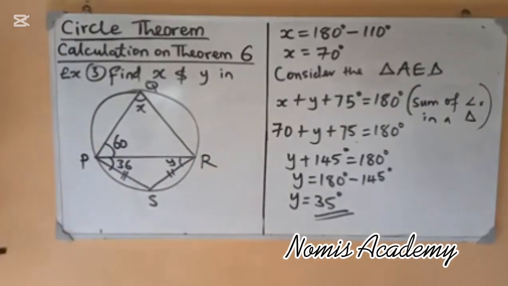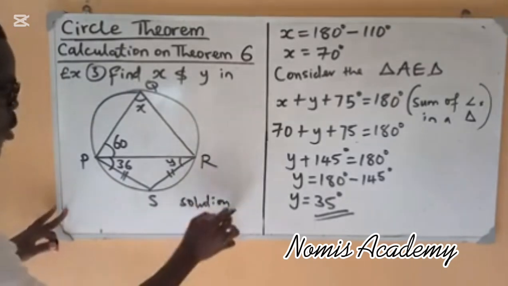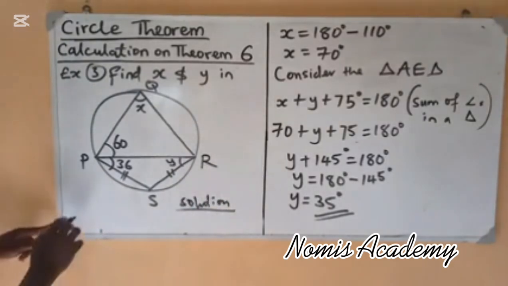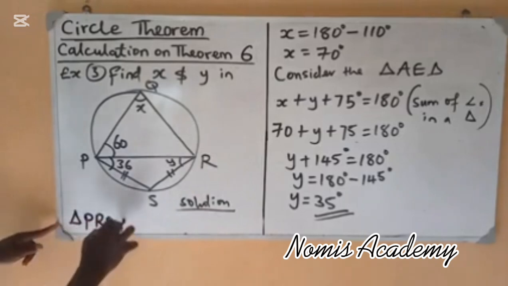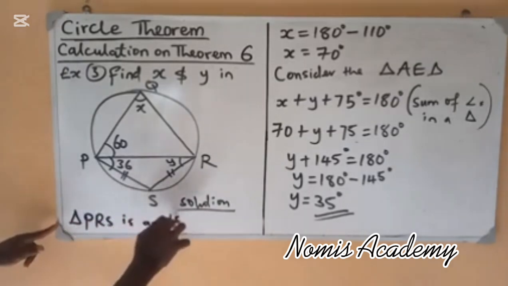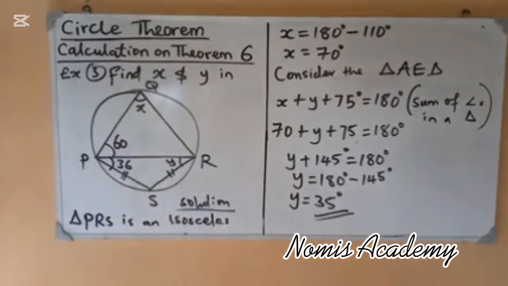To find X and Y, before we proceed, let's find the value of Y first. So solution: we see that triangle PRS is an isosceles triangle.